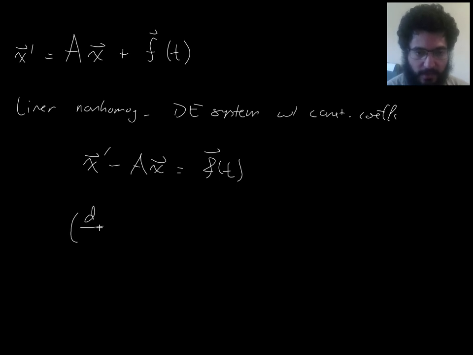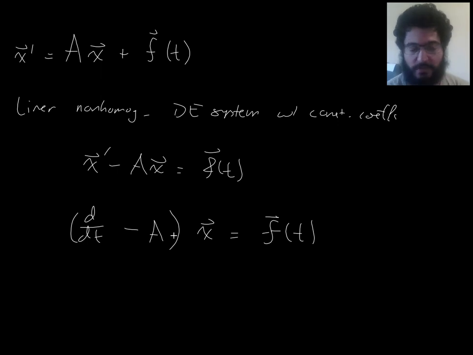So that linear operator is d/dt minus A. That's what's being applied to x. And then on the right-hand side, I've got f, and I want to solve. Solve means find functions x such that when I apply this linear operator to them, we can call this L, f is the output. So in other words, I kind of want to invert L.